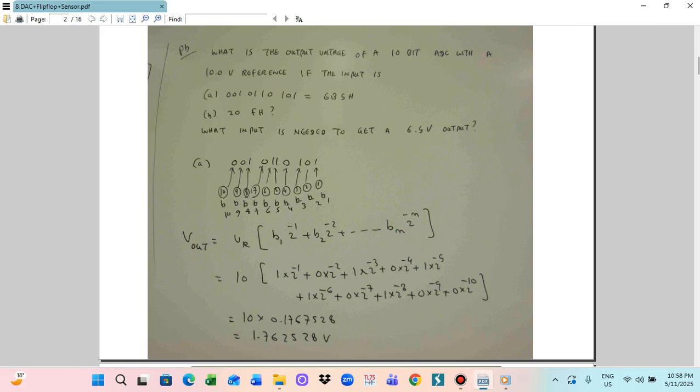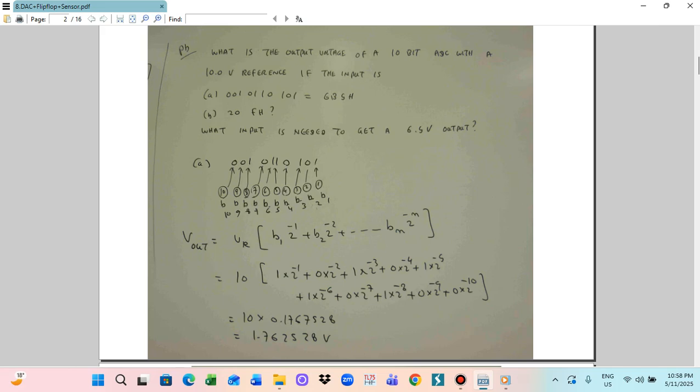So B1 is 1 multiplied by 2 power minus 1, B2 is 0 multiplied by 2 power minus 2, plus B3 is 1 multiplied by 2 power minus 3. B4, 0 multiplied by 2 power minus 4. B5, 1 multiplied by 2 power minus 5. B6, 1 multiplied by 2 power minus 6.